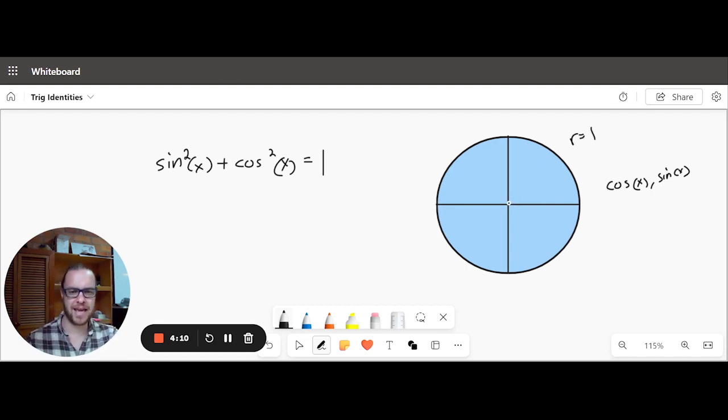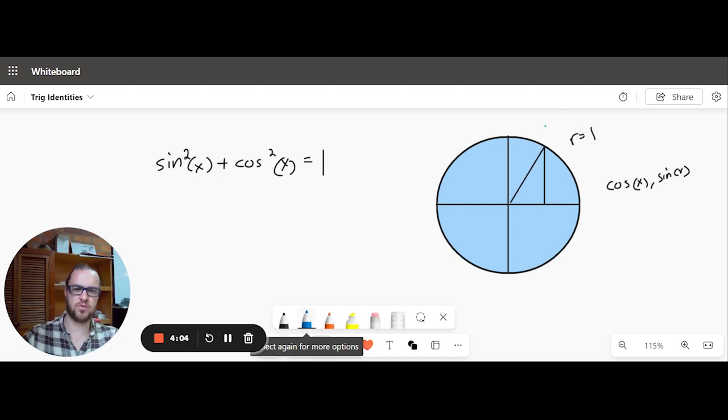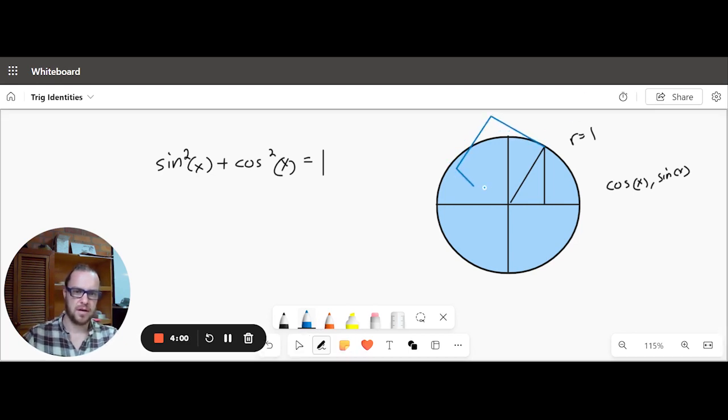Okay, so if I take any point at all on the unit circle like this, it will start to make sense really quickly that if we take this radius here, 1, and we square it, it's going to be 1 squared.